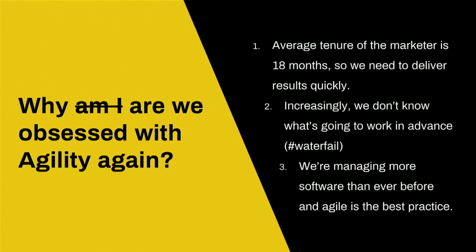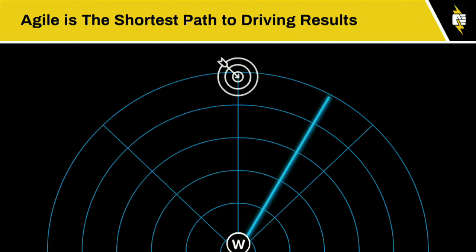At the same time, we're increasingly in a position where we don't necessarily know what's going to work in advance. No amount of advanced analysis is going to tell us what's going to work, so we need to address that somehow. And the last thing is that we're all just managing more software than ever before. Agile is the best practice for managing software, so just for that reason alone, we should be adopting Agile.